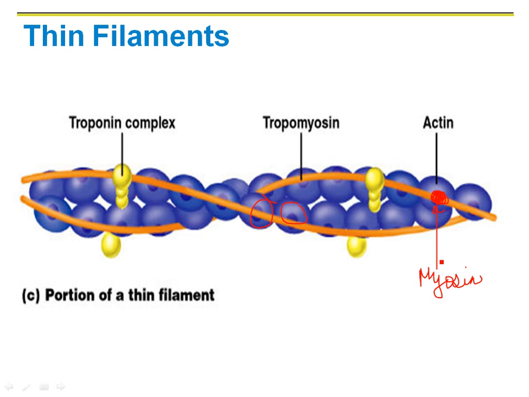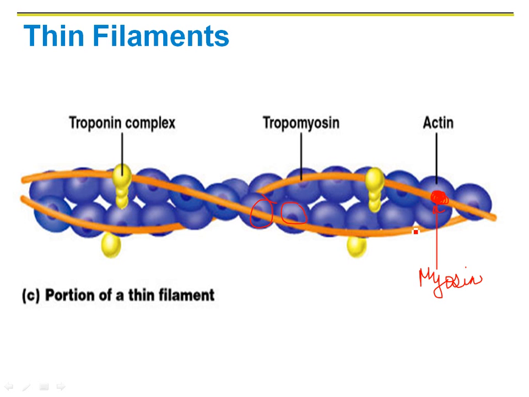And there are times when you want a muscle to contract. There are times when you do not want the muscle to contract. If you don't want the muscle to contract, you have to cover up that binding site for myosin. And you have to control whether it's covered up and when it's not covered up.